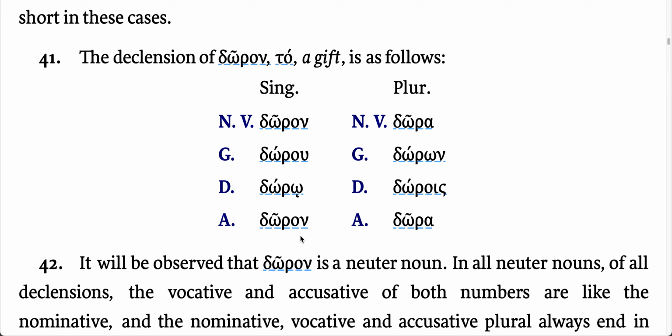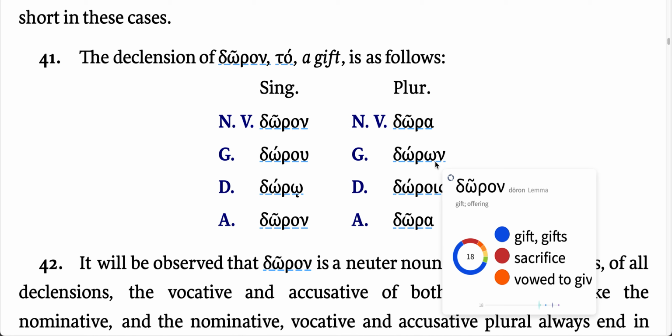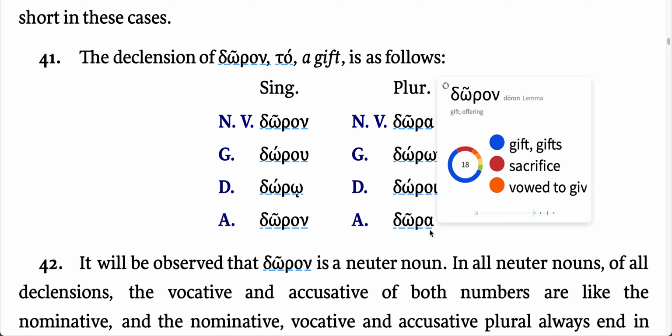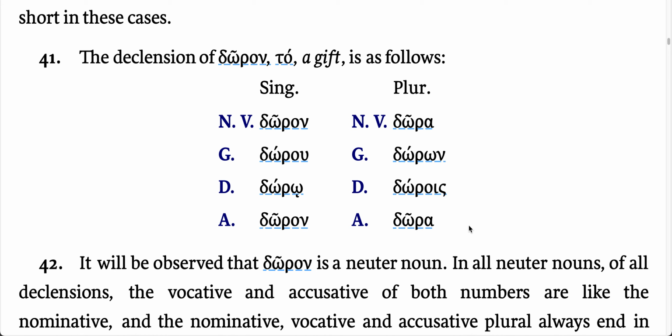So that's the same. Look at the genitive plural, same as the paradigm above. Ois is the same. The difference is the nominative and vocative is dora, not doroi. It's not omicron iota. It's dora. And the accusative is the same form. So these five are the same, but that's different, and that's different.